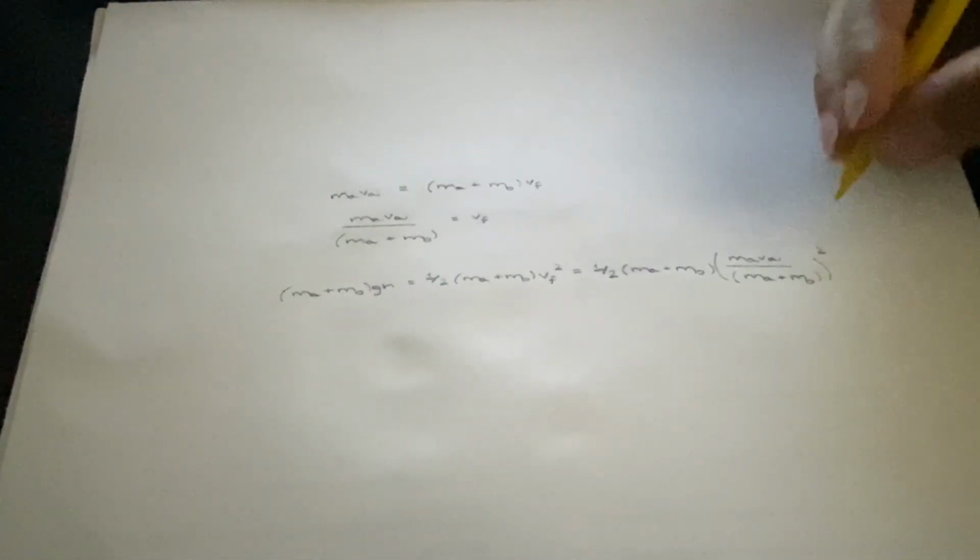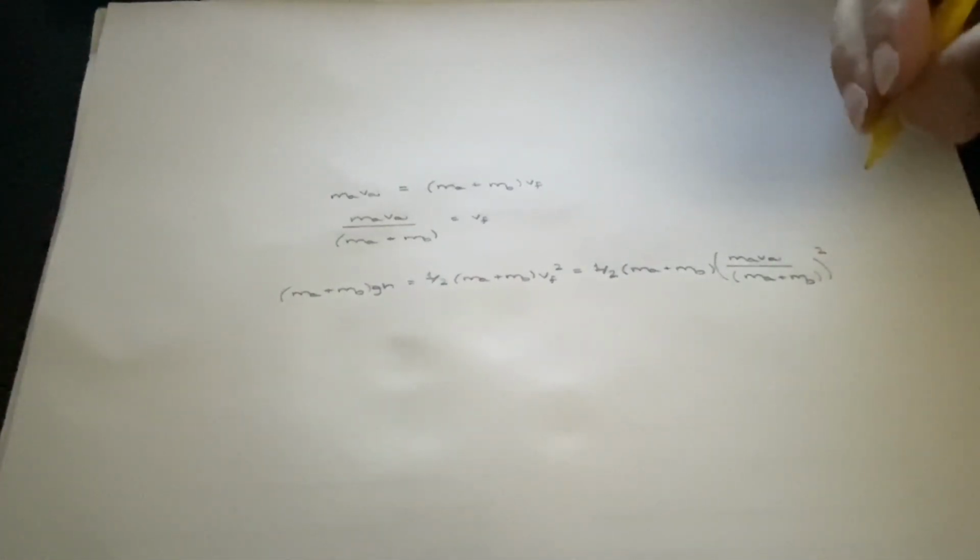Now that I substituted for vf, the first thing I'm going to do to solve for vai is multiply by 2 on both sides. On the left side, that's going to look like this.